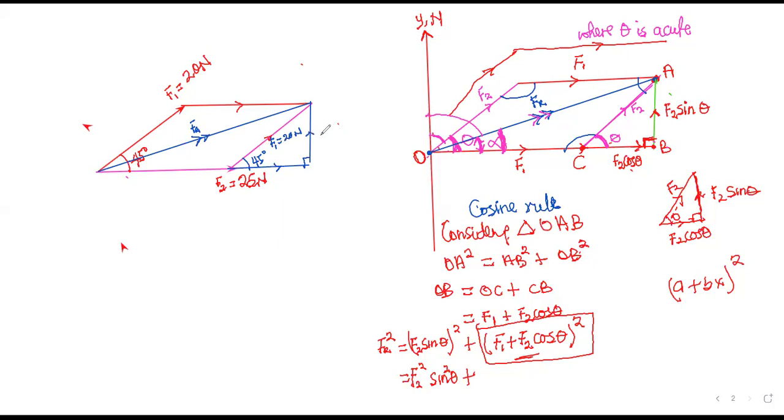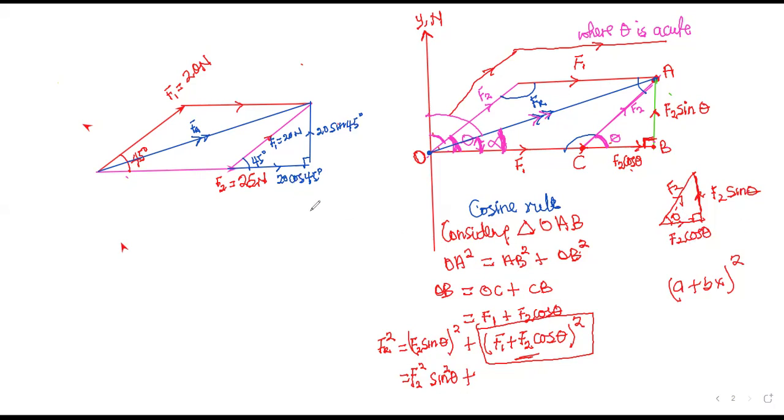As we resolve this, it will be equal to F1 times sine theta. So F1, which is 20, times sine of 45 degrees. This side must also be equal to the same 20 times cos of 45 degrees. The theory is what we were doing here, F2 sine theta, F2 cos theta.